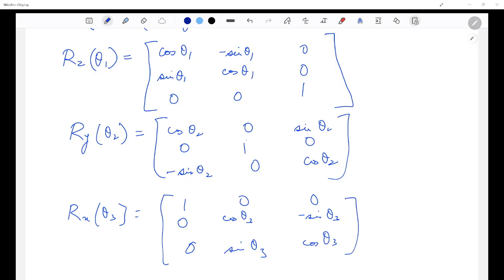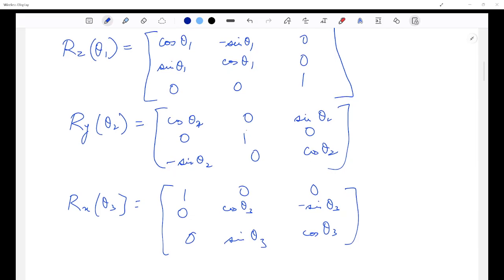So these are your rotation matrices and these are very standard, and it is good if you remember them. They come from a particular derivation, depending on which axis you are rotating about. You should know all of these rotation matrices.